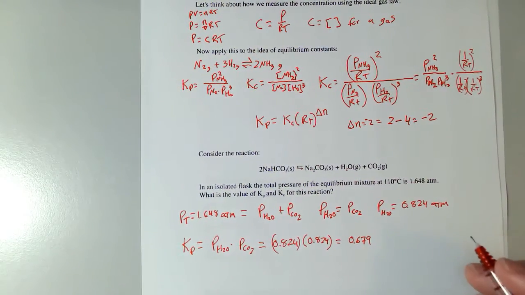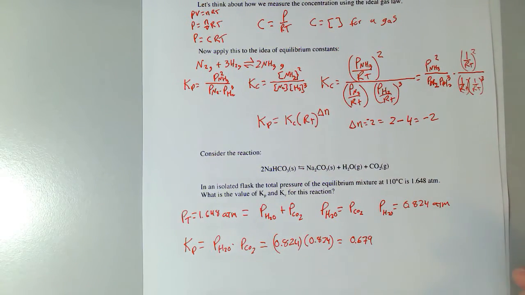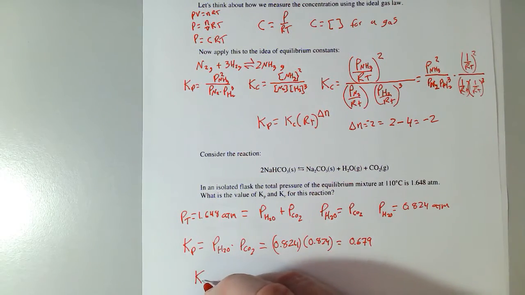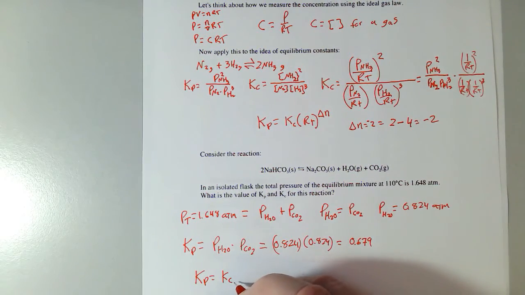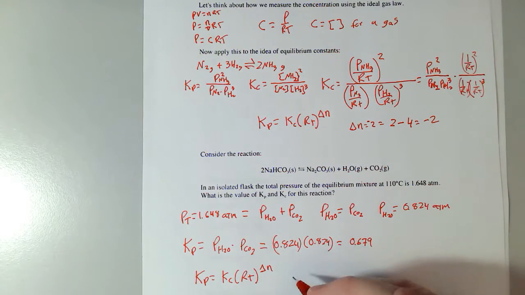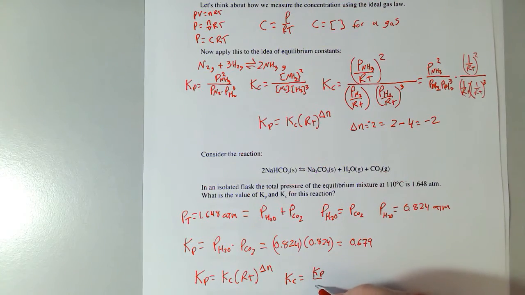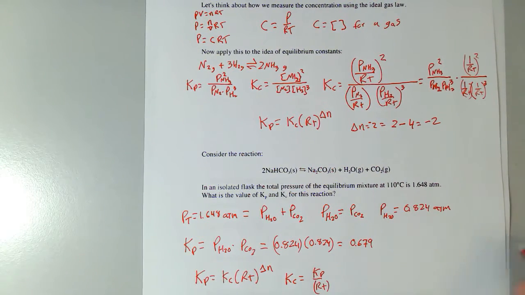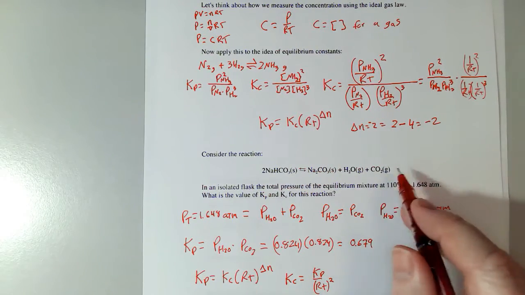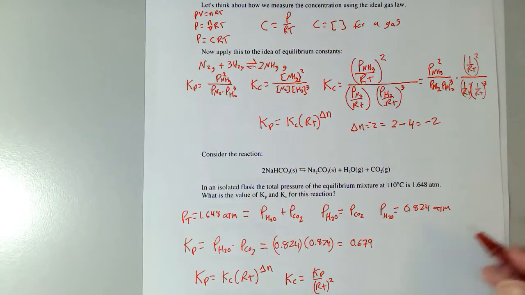So if I know one of these values, Kp, I can find the other value, Kc. Kp equals Kc times RT to the delta n, which means that Kc equals Kp over RT to the delta n. Now in this case, delta n is 2. 2 moles of product that are gas minus no moles of reactant that are gas.